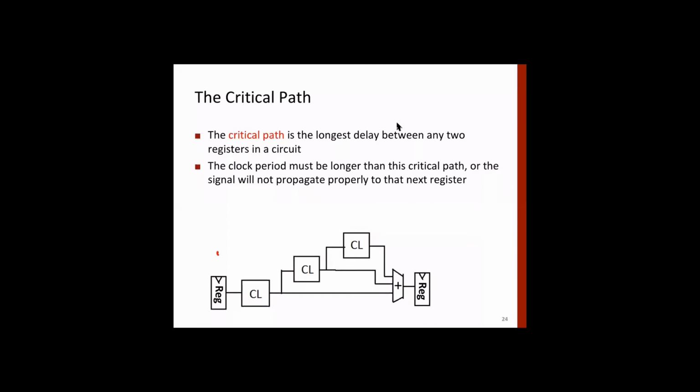So there's a register 1, register 2. And this path is causing the maximum delay, which is the critical path.